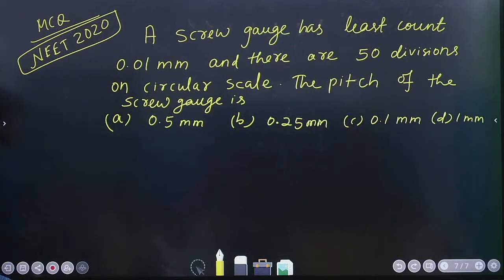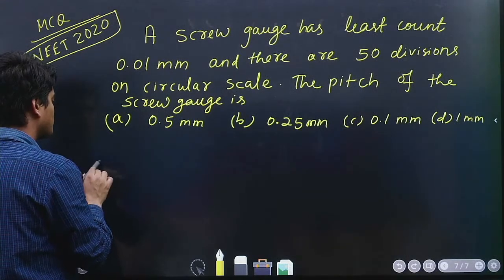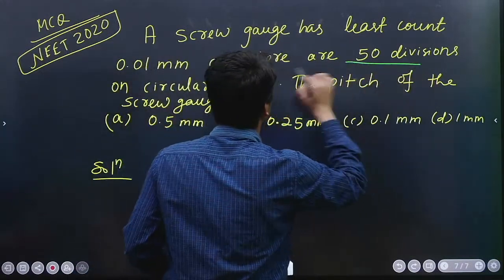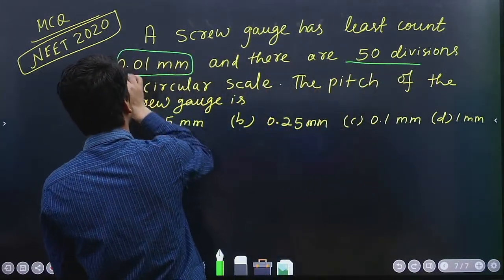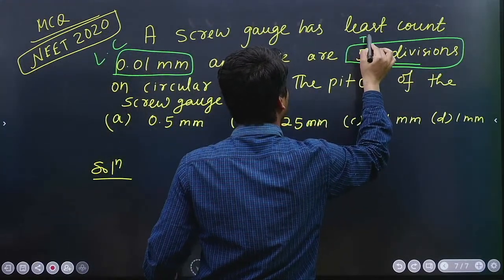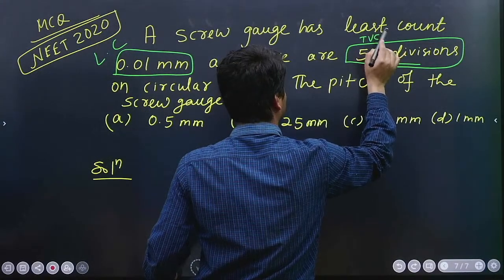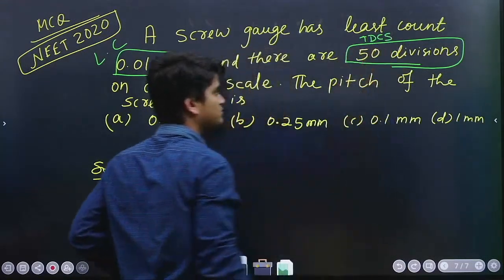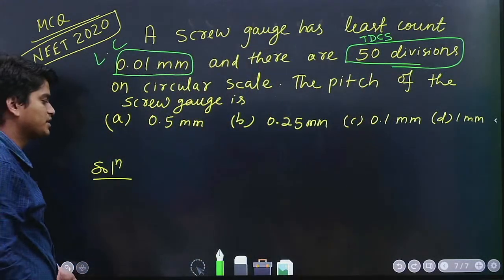Very good. Tell me. So here no need to do anything, it is directly given. So what do you do in the solution? Check here. 50 divisions. This is the least count, LC. This is the total number of divisions on the circular scale.